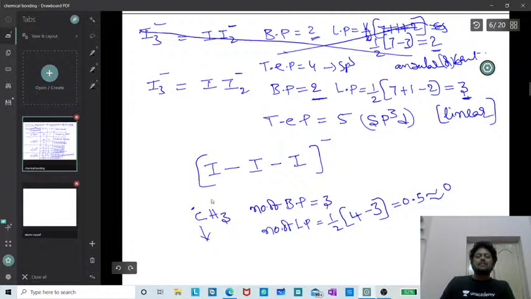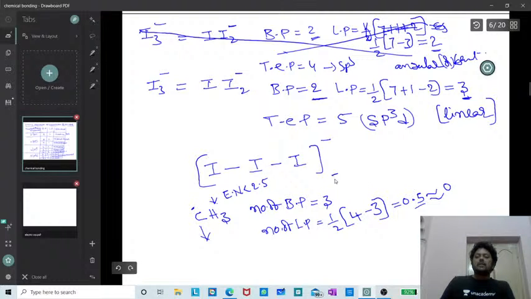Why? Because of the terminal atom electronegativity. If the terminal atom electronegativity is less than 2.5, in that case for total electron pairs you will take the 0.5 as 0.